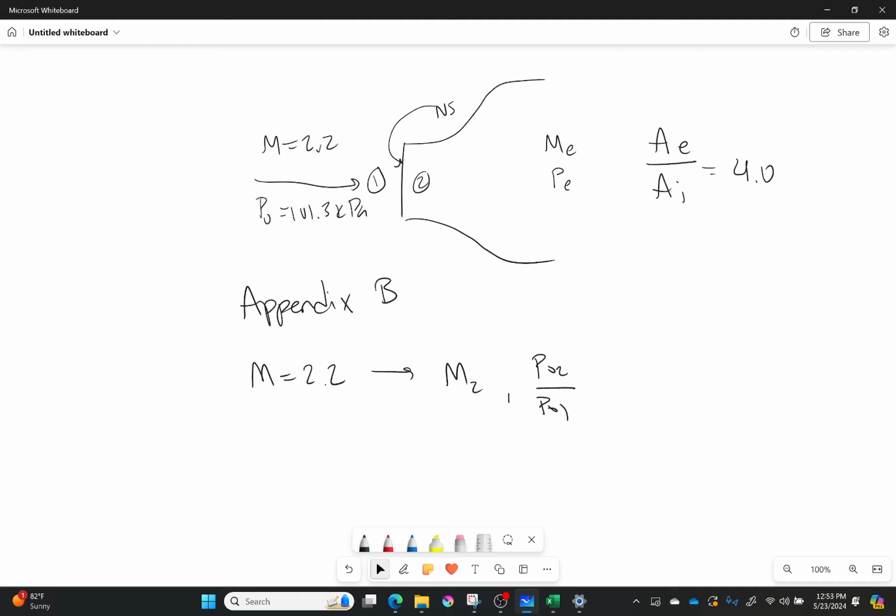Oh, but before we do that, sorry, one question for all of you. From 2 to the exit, I'll just call this E right here, is my flow isentropic? From 2 after the normal shock until the exit. It's not isentropic when it goes through the shock wave, yeah. But after it's gone through the shock wave, is that flow isentropic after that point?